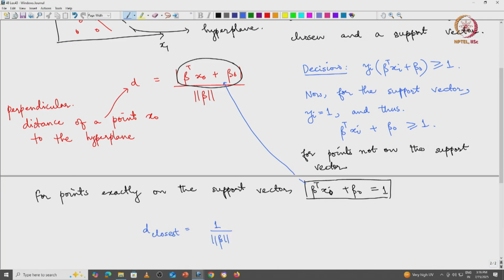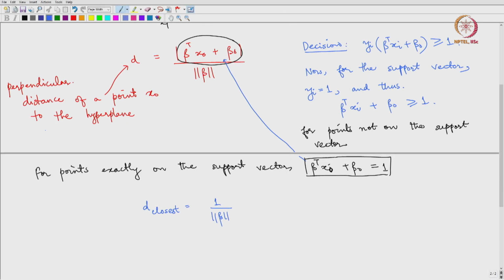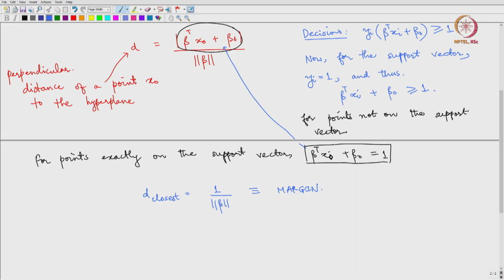Okay. So this is what happens in this hard margin support vector classification. We want to maximize this margin, but for computational convenience it is formulated slightly differently as a minimization problem. Most problems in optimization theory are written as minimization problems.